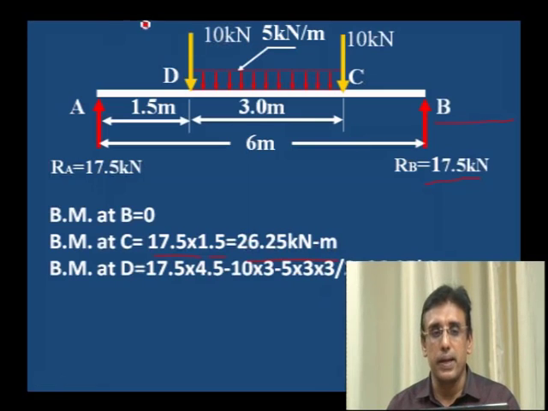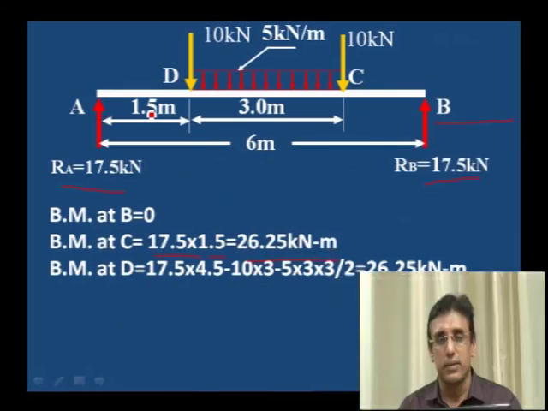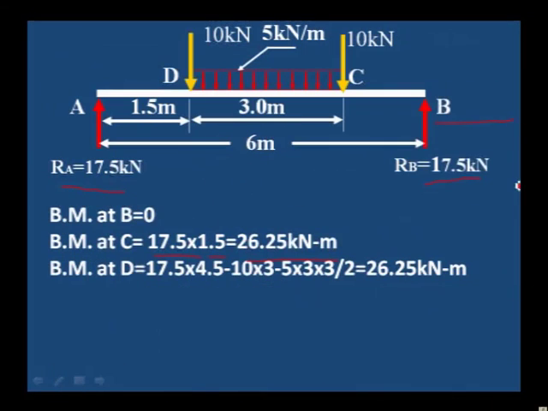Bending moment at D, we can calculate as RA into distance, which is also equal to the moment due to the right side loads. 17.5 is the RB value, into the distance from D to B, which is 4.5, 3 plus 1.5, minus 10 kilonewton into the distance from D to C, 3 meter, 10 into 3.